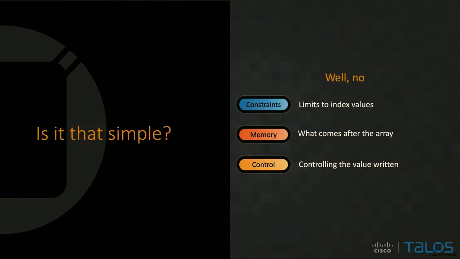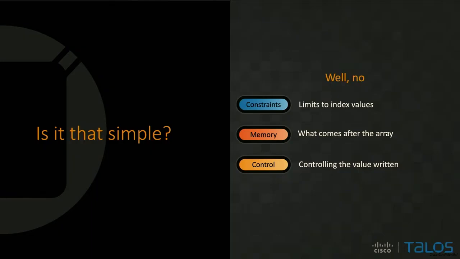So is it that simple? Is it just an out of bounds memory write and we get to control everything? Well, it's not really, because there are a lot of constraints that limit the sizes of these index values and the out of bounds accesses. It's very important to control what's after in the memory, and reconstructing this from scratch is hard.